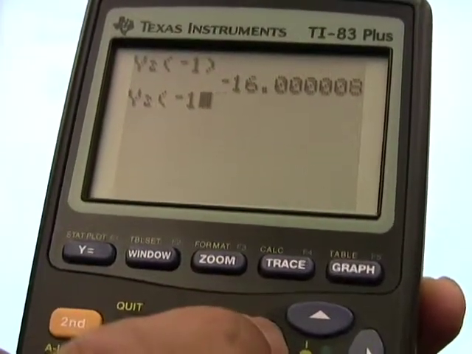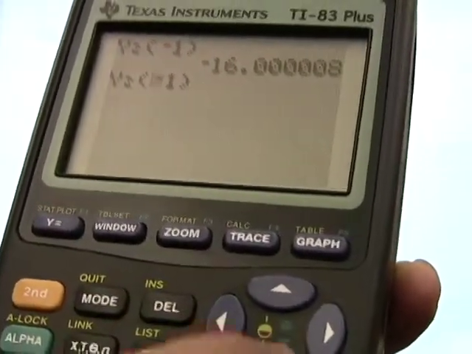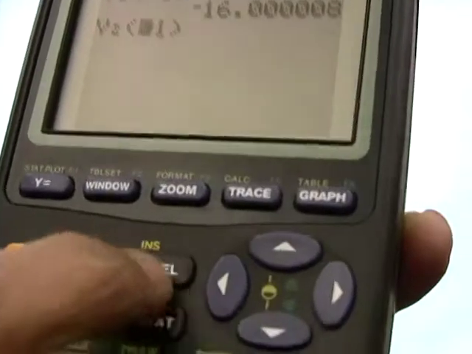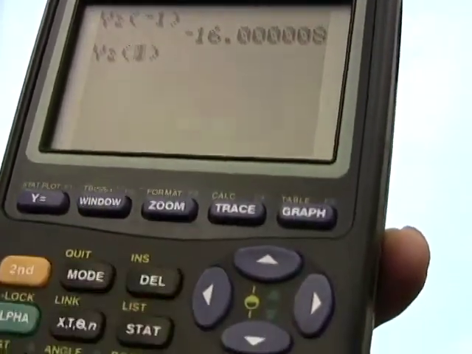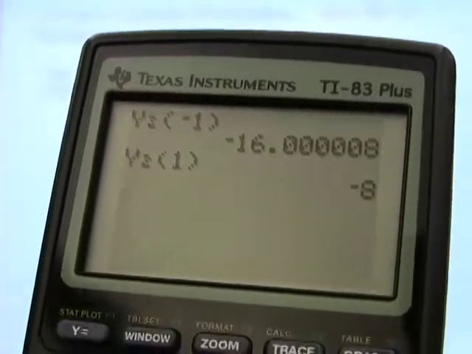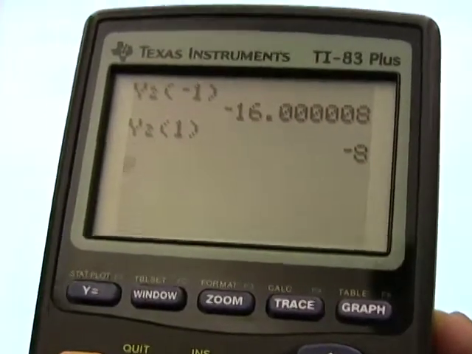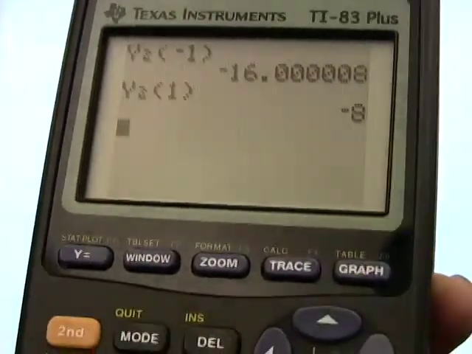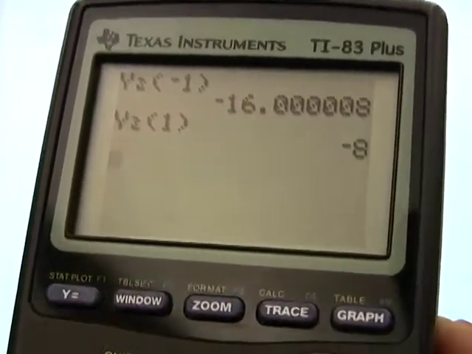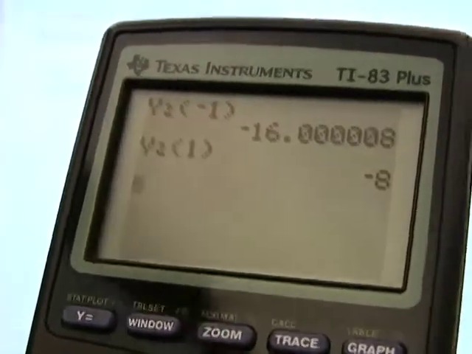Now go back there and change that to y of 1. Just delete button there and enter, and that again is negative. So the first derivative is negative from negative infinity to 0, and also from 0 to 3.